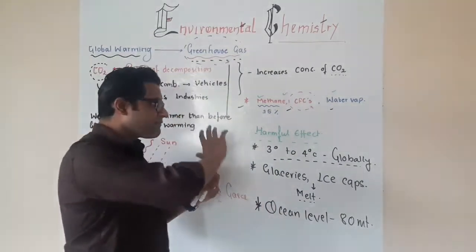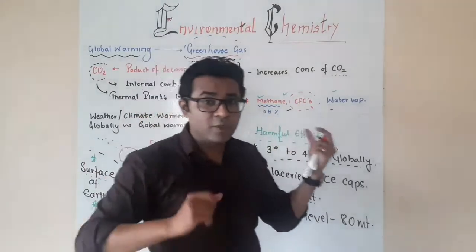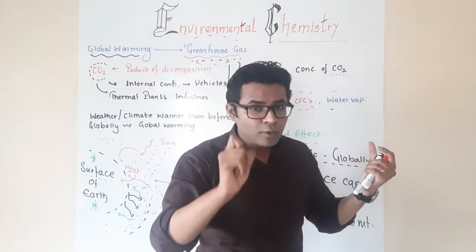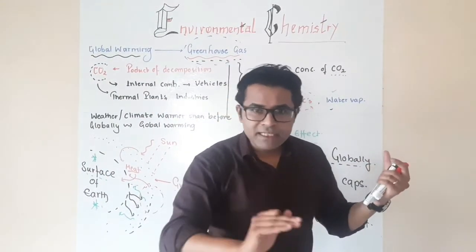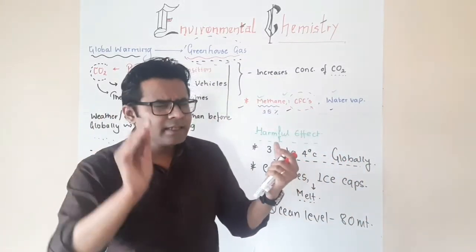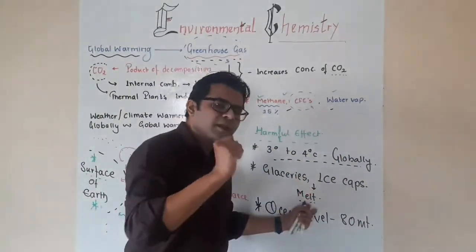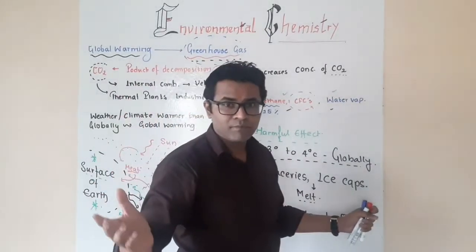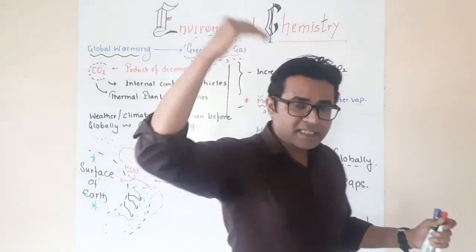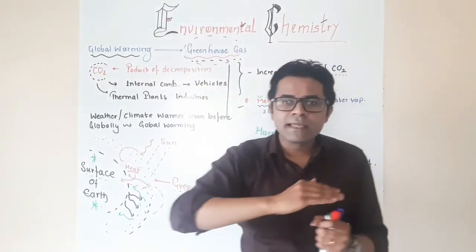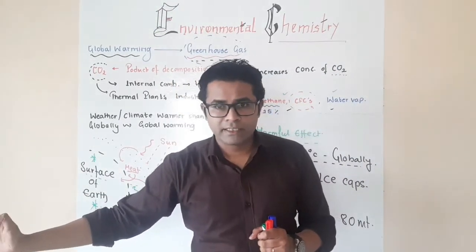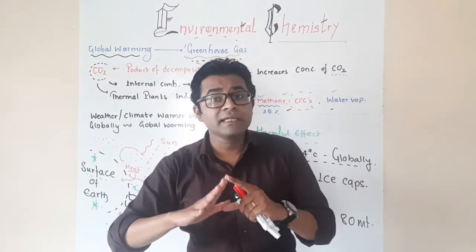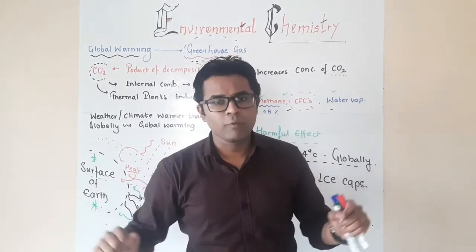We can see its effect as a 3 to 4 degrees Celsius growth in temperature globally, which melts the glaciers and ice caps and will cause a rise in the ocean level by 80 meters. When it rises by 80 meters, the coastal areas are affected. So, this is about the greenhouse effect and global warming.